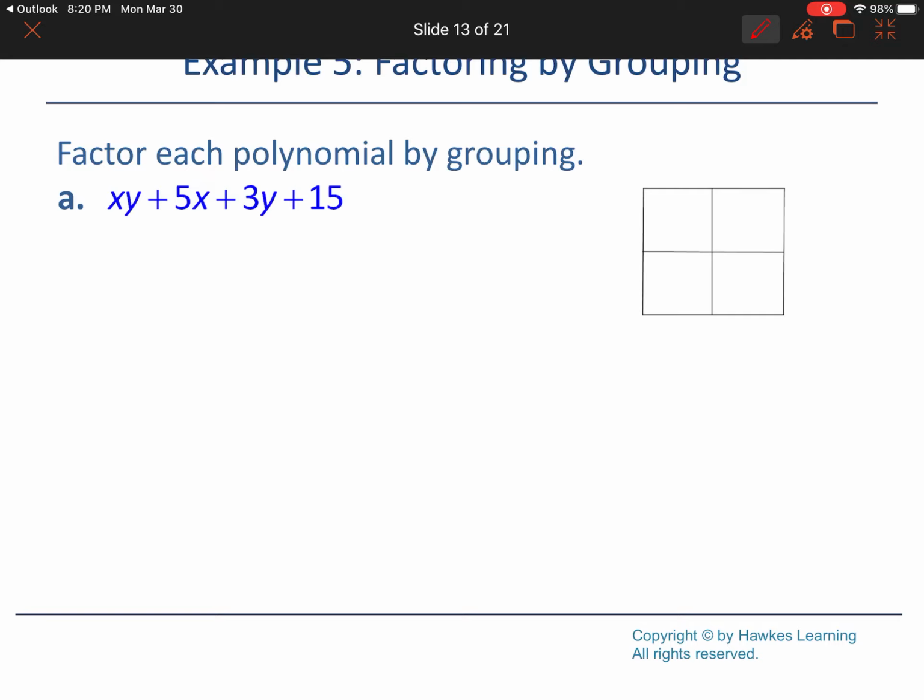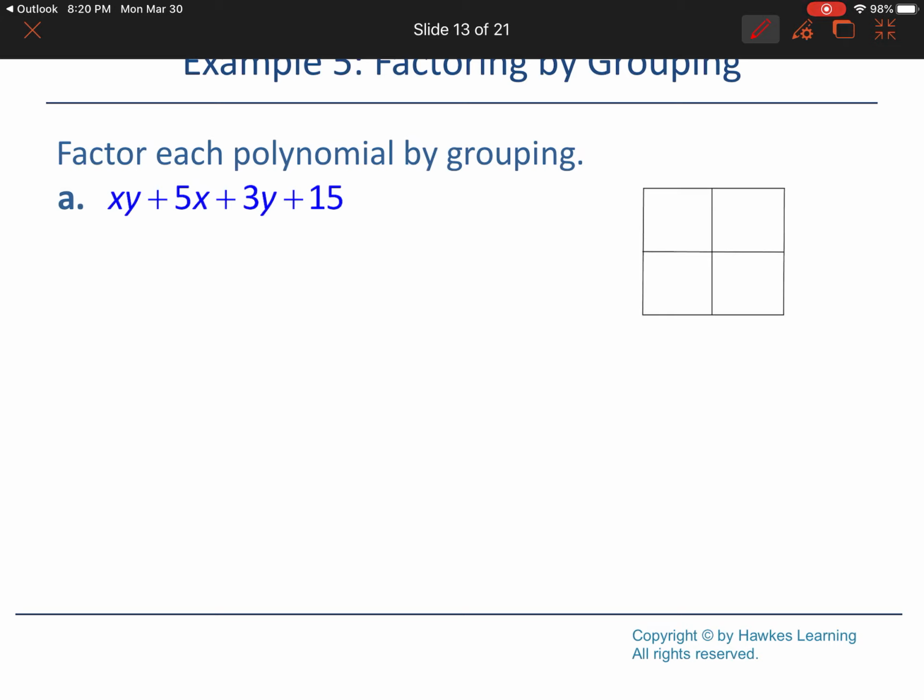Okay, so the book only tells you the second way. So if you go back to the book to look through it, you'll do it by grouping, and you may already know how to do it by grouping. But remember how I told you I wanted you to do some multiplying with the box? That's because of this, right? I want to show you how to use the box to factor.